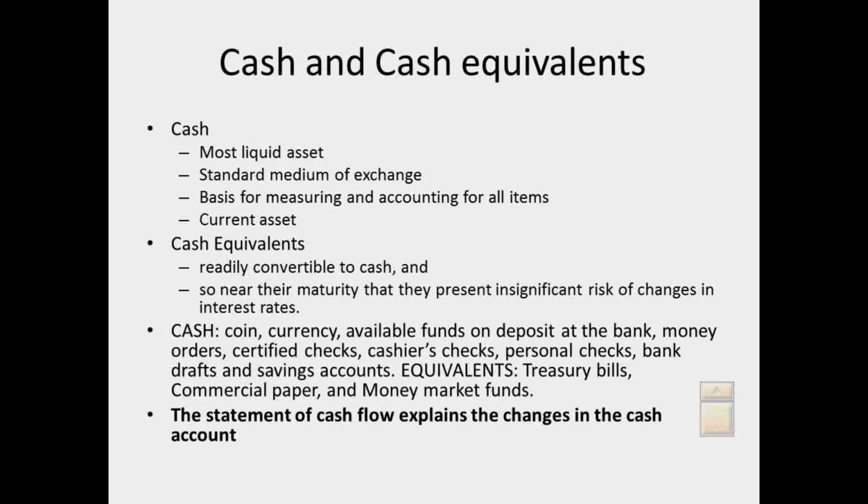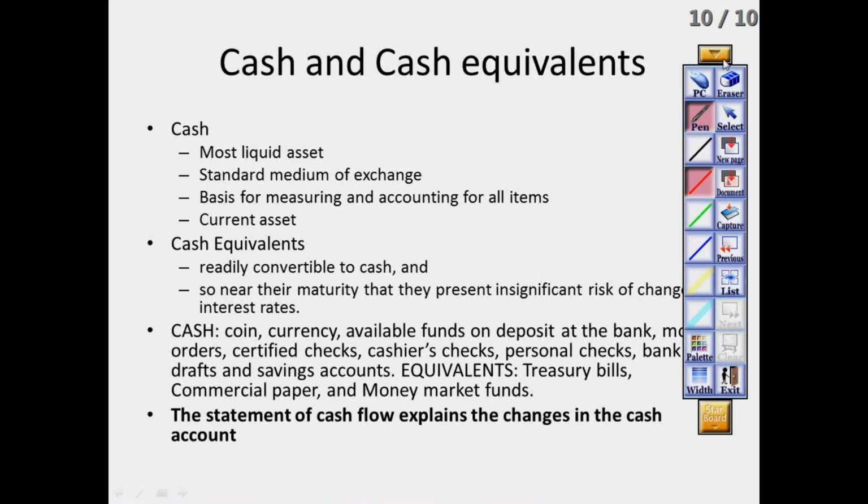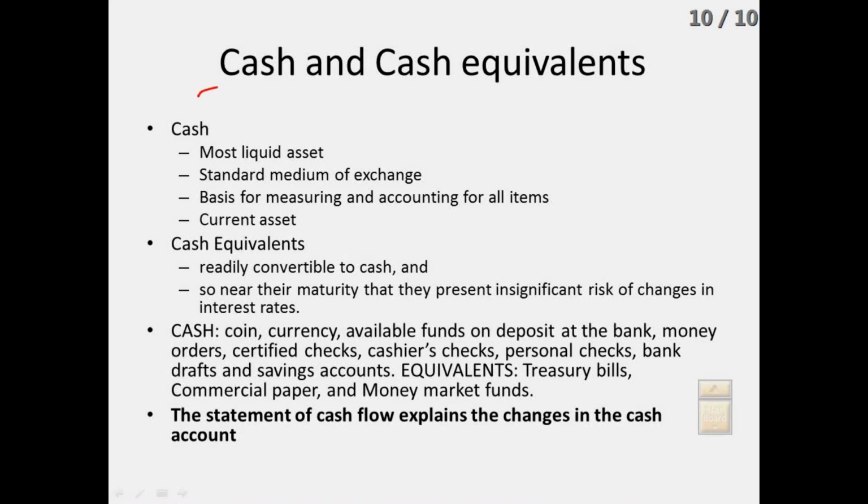Okay, so when you see cash on the balance sheet, you often see a single line item for cash and cash equivalents. But you need to understand what exactly they put together in cash versus cash and cash equivalents. Just because it's together as one line item, if you ask how much cash the company has, that's different from how much cash and cash equivalents.